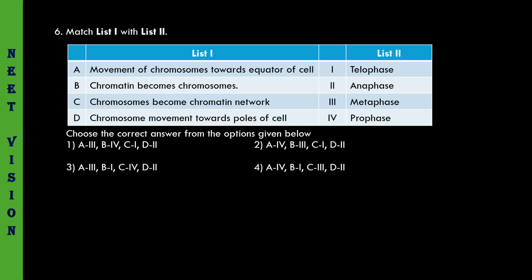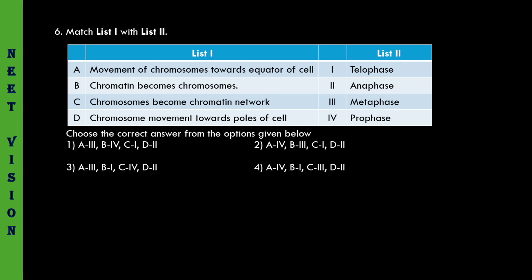Chromatin becomes chromosomes. Chromatin is organized into chromosomes in prophase. So, B4. A3, B4, so it looks like the first option must be the correct one. Chromosomes become chromatin network, that is in telophase. C1.